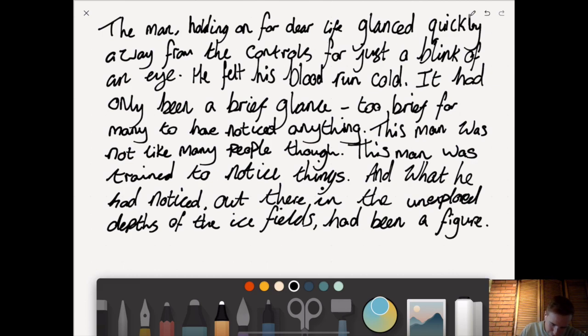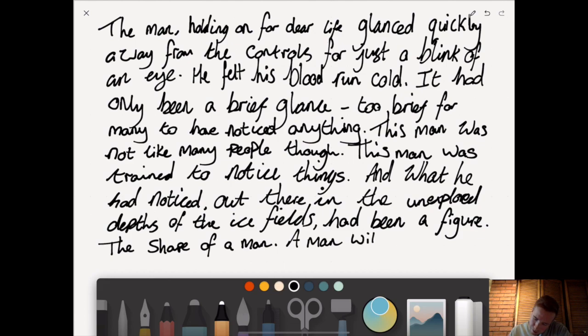The shape of a man. A man with glowing eyes.